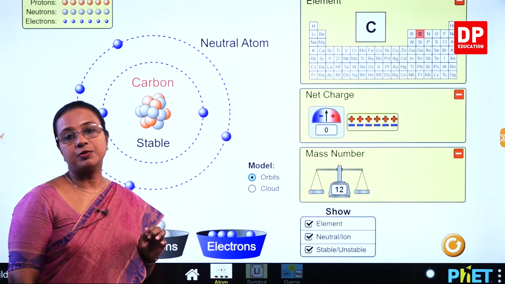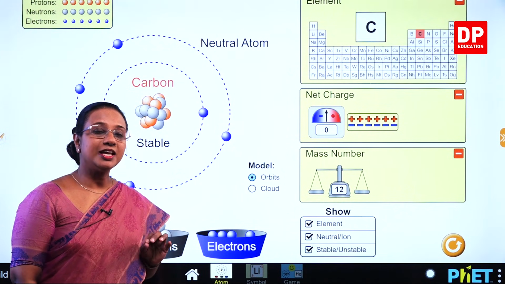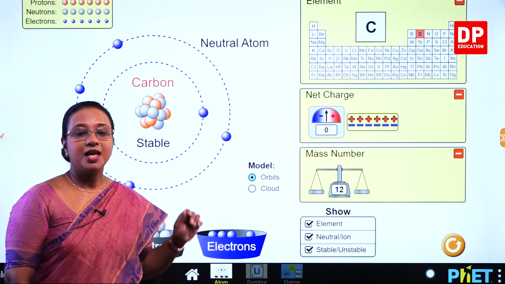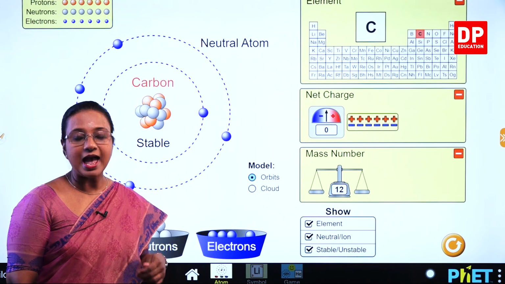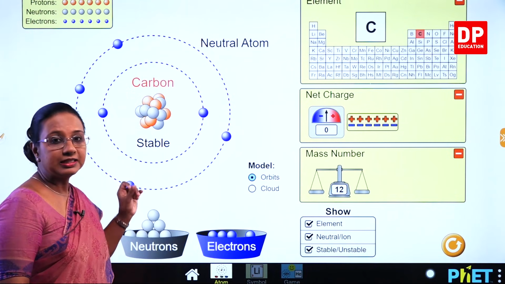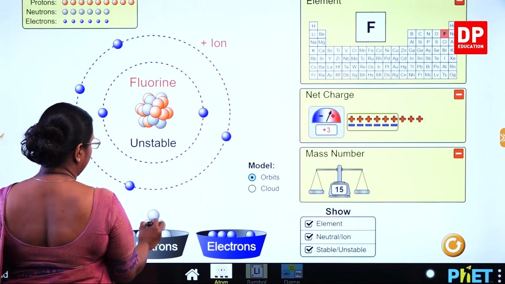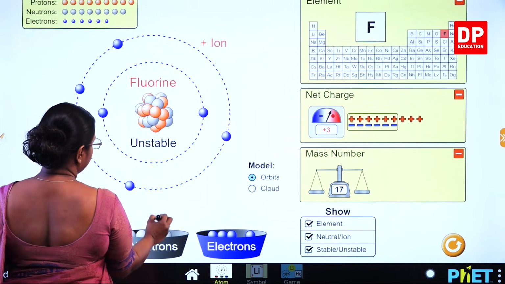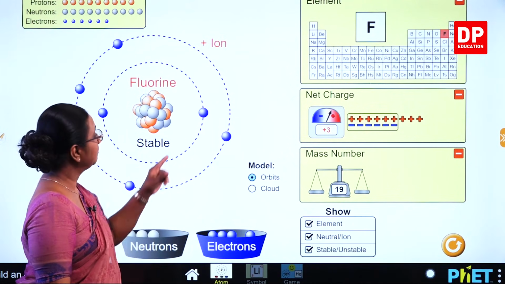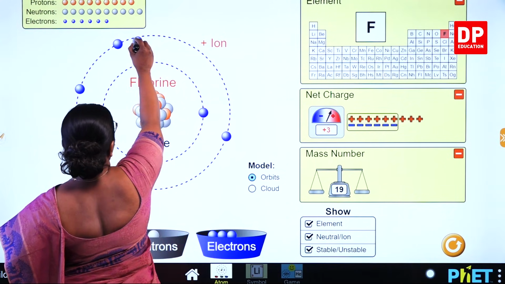Fluorine has 9 protons and 9 electrons and 10 neutrons. So, can you all guess the atomic number and the mass number of fluorine? Yes, fluorine has atomic number 9 and mass number 19. So, I will have to add another 3 protons and 4 neutrons, and in addition to that we need to put in electrons, 3 more electrons.